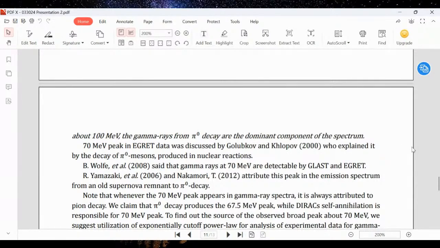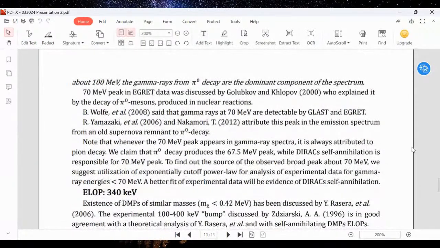The 70 mega-electron volt peak in EGRET data was discussed by Golubkov and Khlopov, who explained it by the decay of pion mesons produced in nuclear reactions. Wolf et al. said that gamma rays at 70 mega-electron volts are detectable by GLAST and EGRET. Yamazaki and Nakamura attribute this peak in the emission spectrum from the old supernova remnant to pion decay.